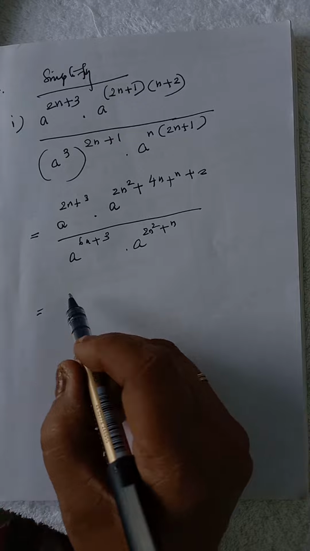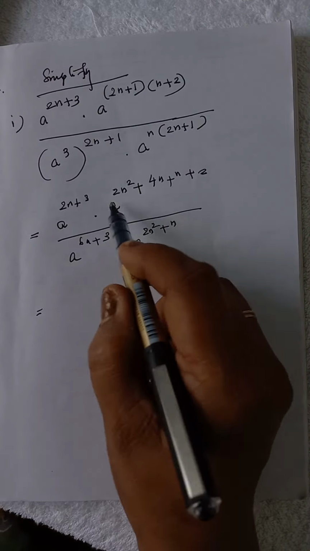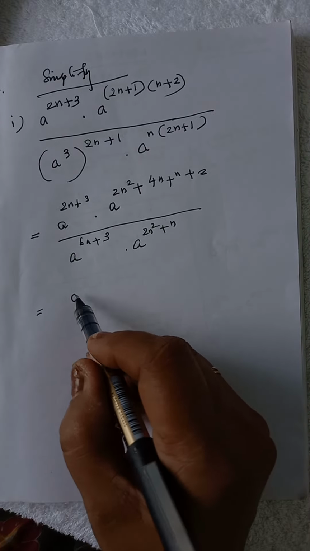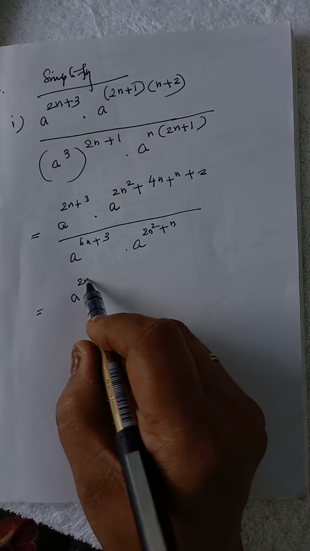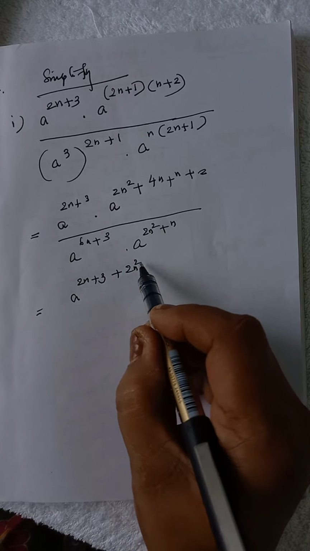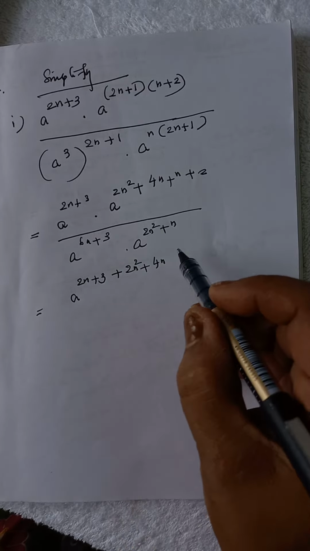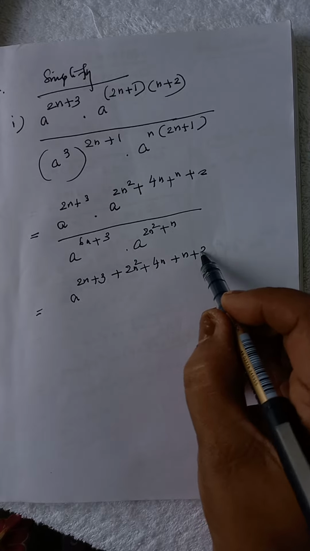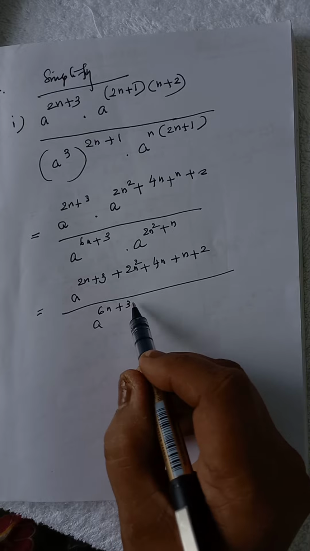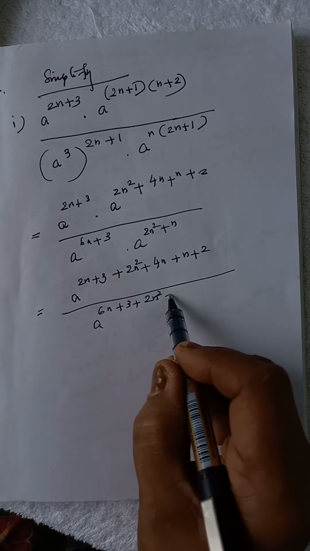So this is equal to a^m into a^n form. This is also like that, a^m into a^n. So a^(m+n), a^(2n+3+2n²+4n+n+2) by a^(6n+3+2n²+n).